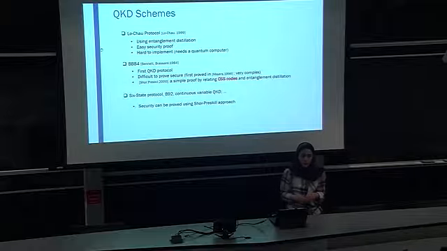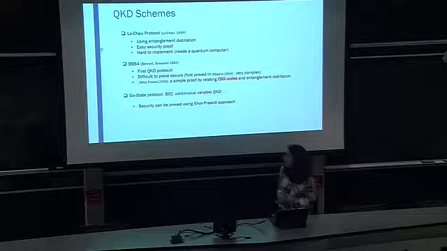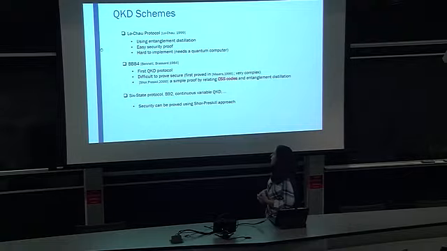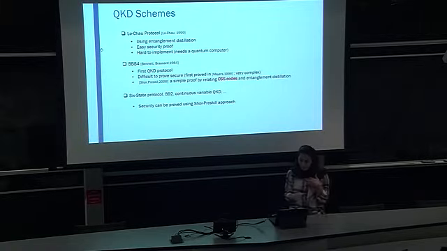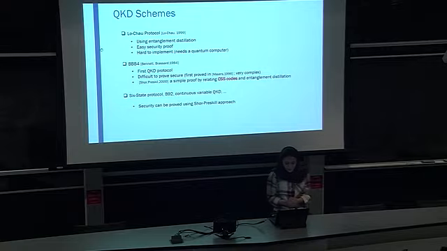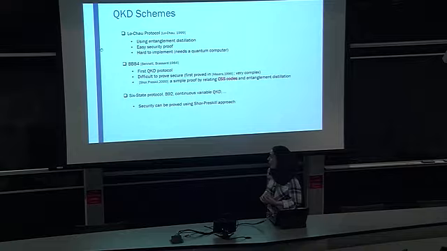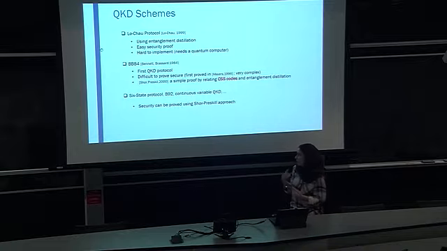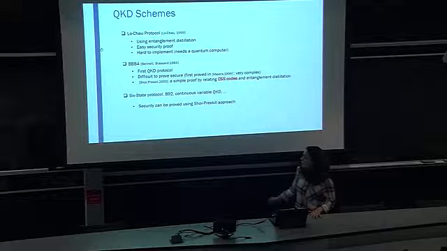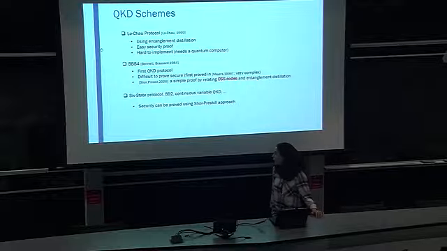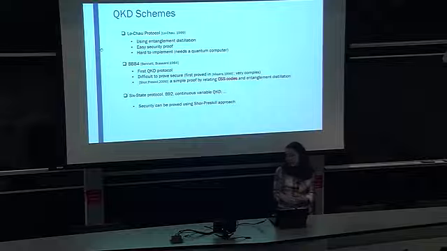But this proof was pretty complex, and in 2000, Shor and Preskill gave a simpler proof which uses the relation between CSS codes and entanglement distillation to prove the security. And this proof method has been used to prove the security of many other QKD schemes like the 6-state protocol, B92, continuous variable QKD, and so on.